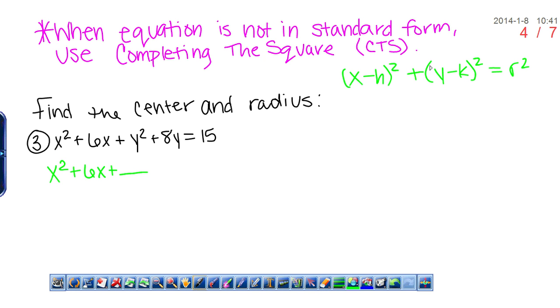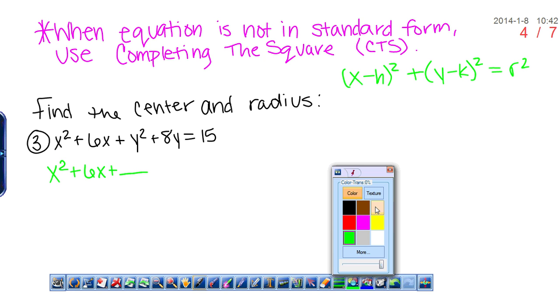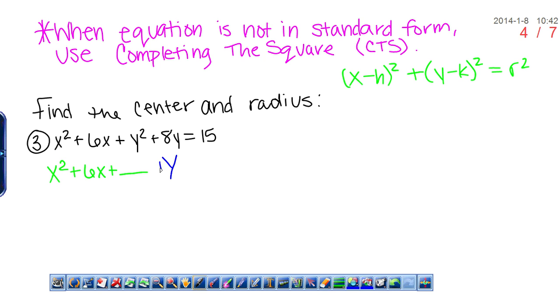We don't want a plus k over here like we did in vertex form. So for the y's, we will have y squared plus 8y plus another blank to complete that square. And then how many times are we going to have to counteract over here? Twice, once for each blank. Okay, so you kind of see where we're heading?